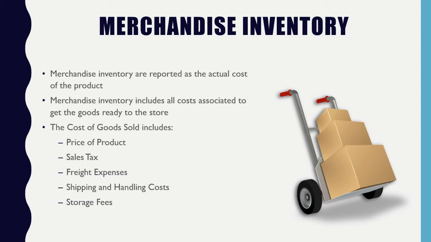Other than that, those are a few things you would typically see when it comes to purchasing the actual inventory. If it's getting shipped in, you would have to pay all of those things. For the sake of this class, I'm only going to expose you to two things: freight expense, which is your typical shipping, and sales tax.